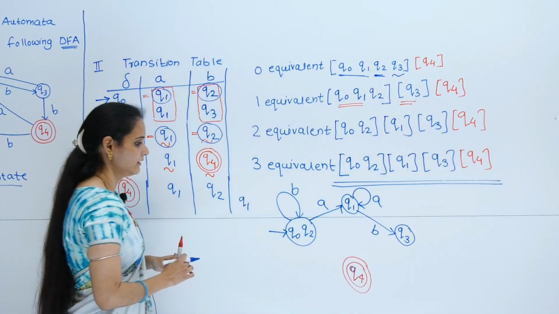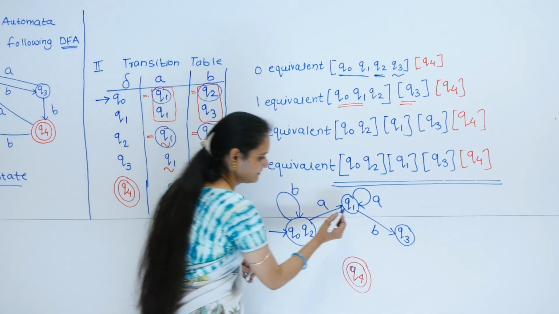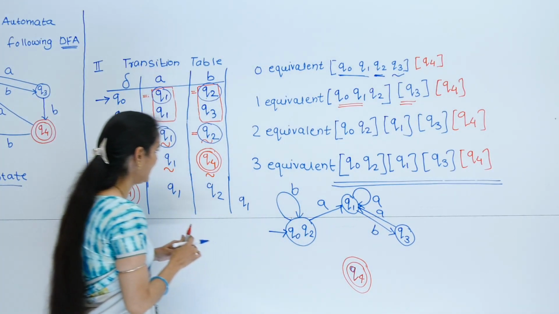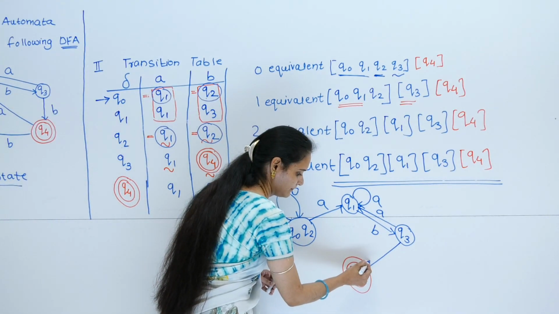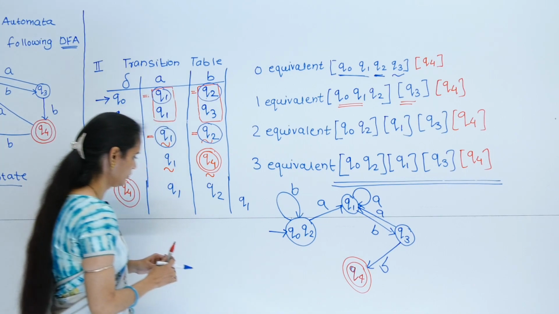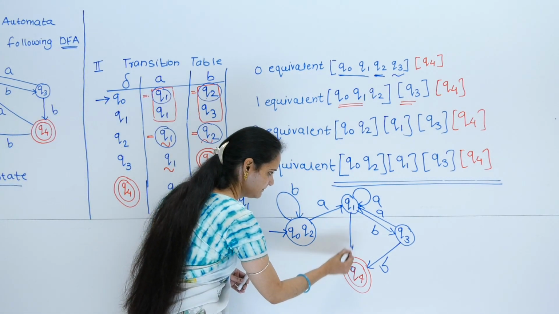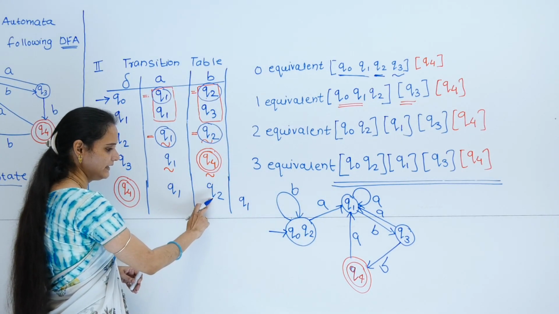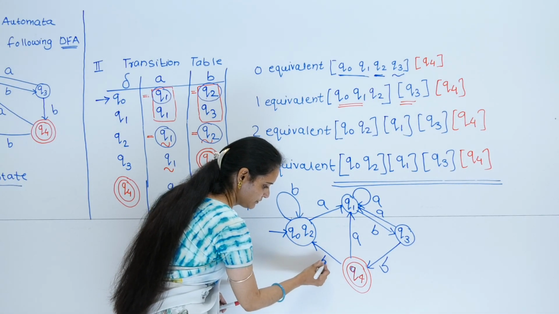Q3 on input A goes to Q1, and Q3 on input B goes to Q4. Q4 on input A goes to Q1, and Q4 on input B goes to Q2, which is combined with Q0.